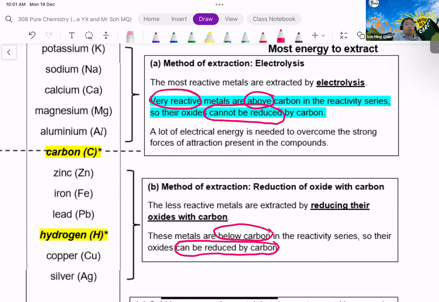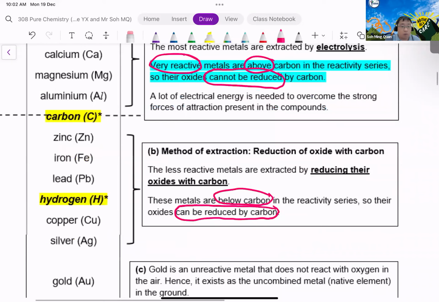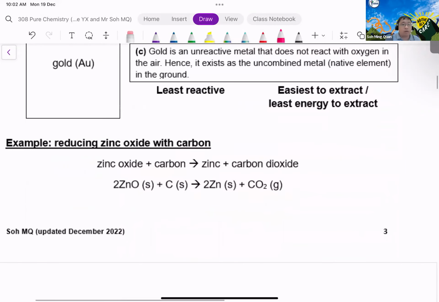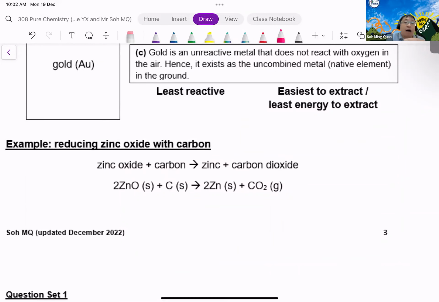So for example, we can use carbon to reduce zinc oxide to zinc. So if you look at the equation below, okay, at the bottom of page 3, I've shown you if I were to put carbon together with zinc oxide and heat them together, I will be able to reduce zinc oxide to zinc.